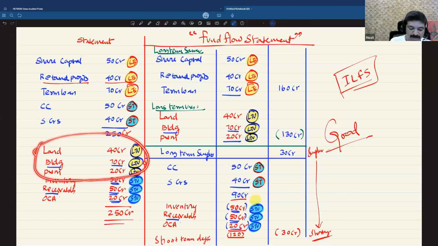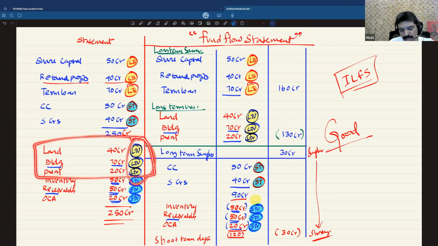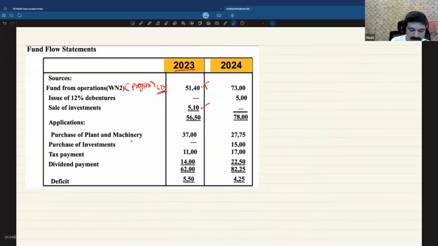So on that logic, we are also bringing the sale of investment under long-term source. So in 2023, their total long-term source is 5,650. The figures are in thousands or lakhs.